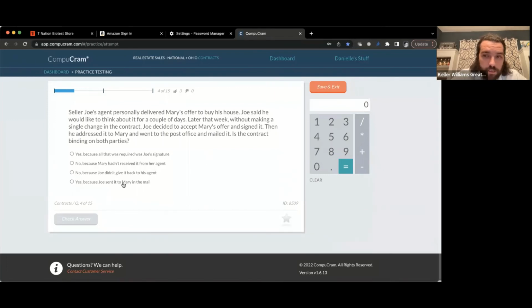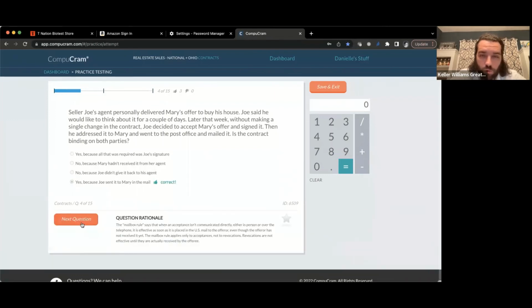D is correct. This is known as the mailbox rule. When it is in the mail, flag up at the post office, postmarked, it is an accepted contract because that means that acceptance has been communicated, right?